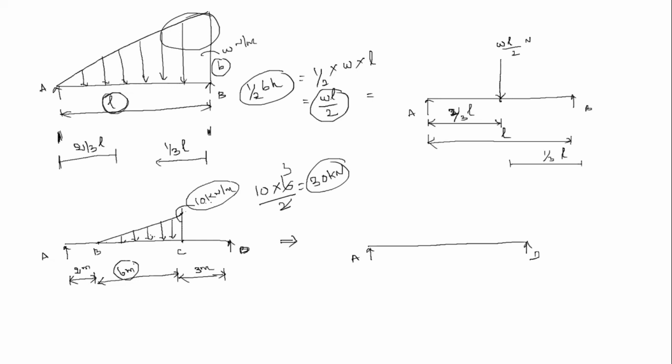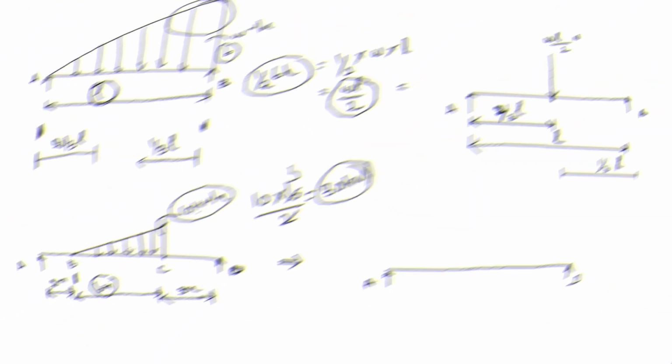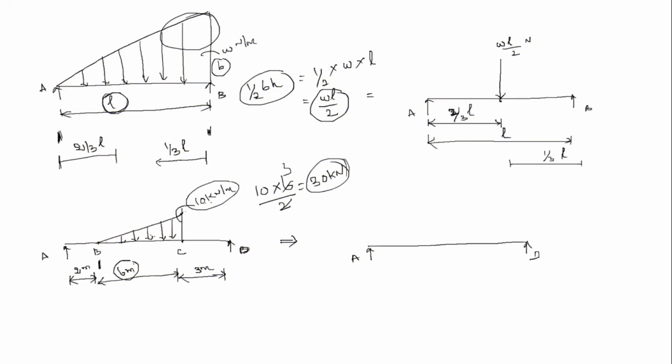And at which point from B do we have to calculate? What is the length? 6. So from B, it is 2 by 3 L, or from C 1 by 3 L. So 2 by 3 into L, which is 6, is equal to 4. So 4 meter from B. First take 2 meter, and from there measure 4 meter.